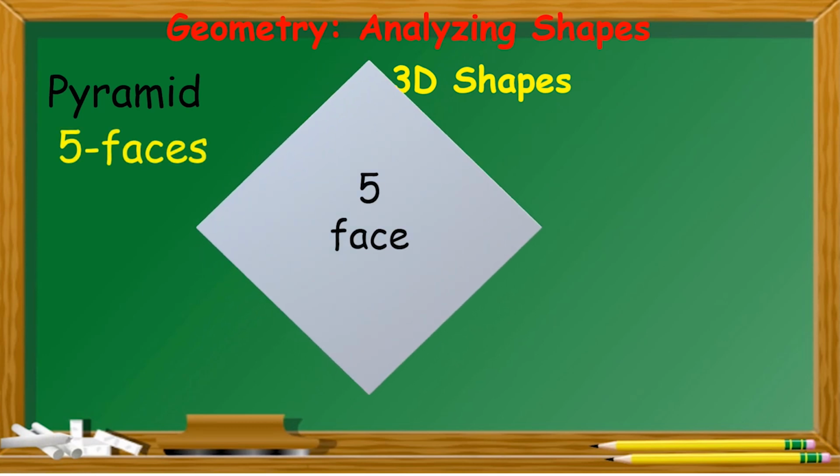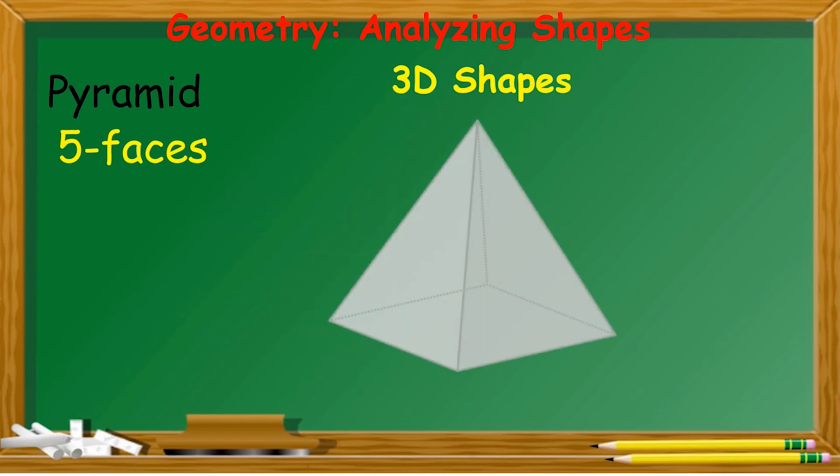So it has 5 faces. So how many corners? We have 1, 2, 3, 4, 5. So it has 5 corners.